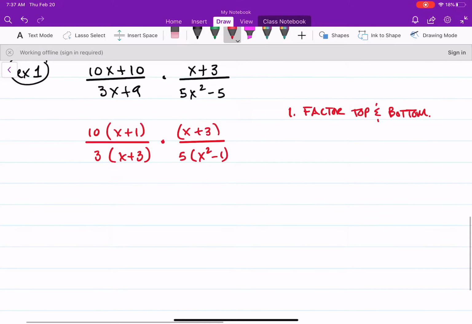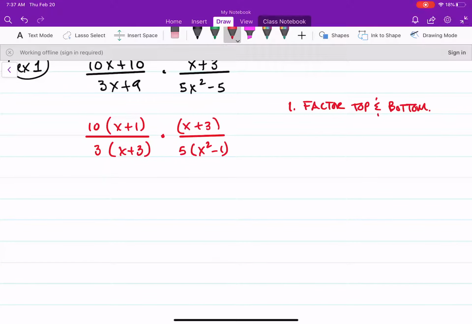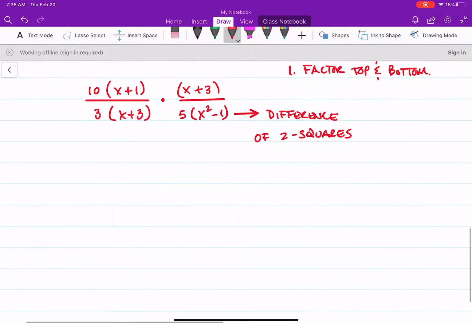Well, we're not completely factored yet, because this right here is the difference of 2 squares. So let's keep on factoring.